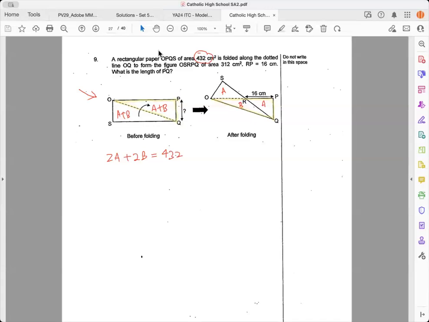Now, 312 is the area of this figure, meaning 2A and a B gives you 312. If I compare these two statements, I subtract. On the left side, I get B. On the right side is 432 minus 312. I get 120. So the area of B is 120 square centimeter.